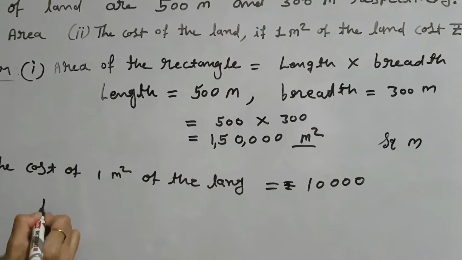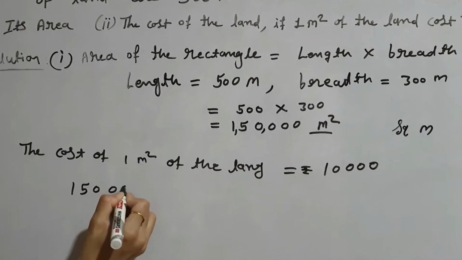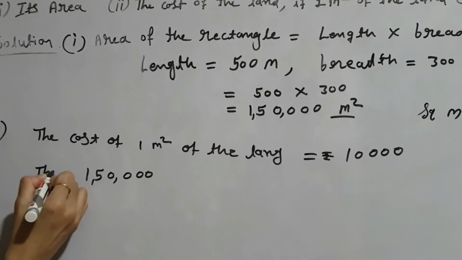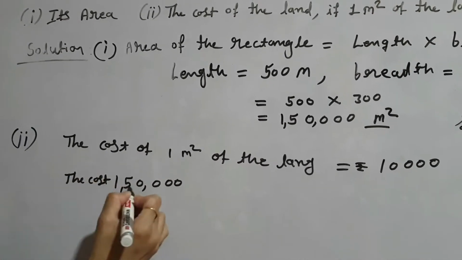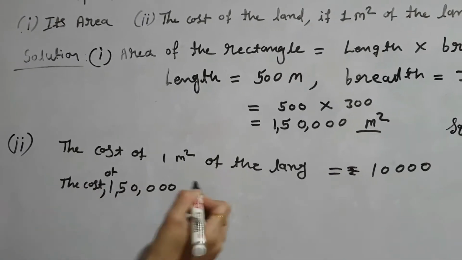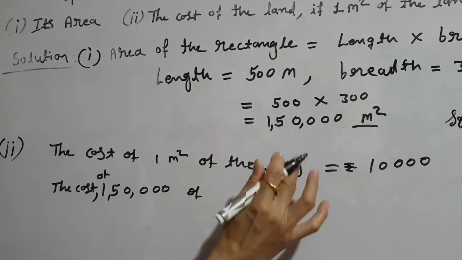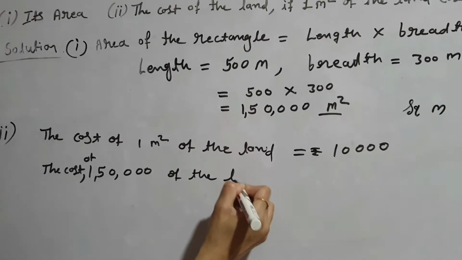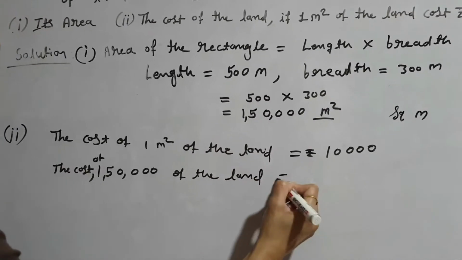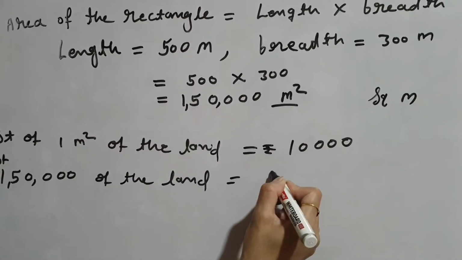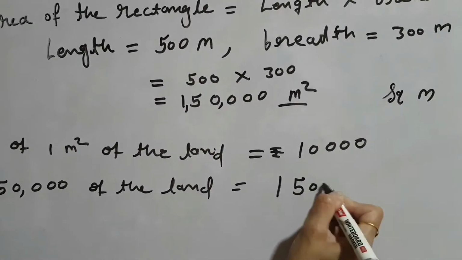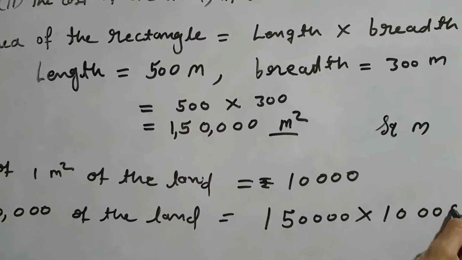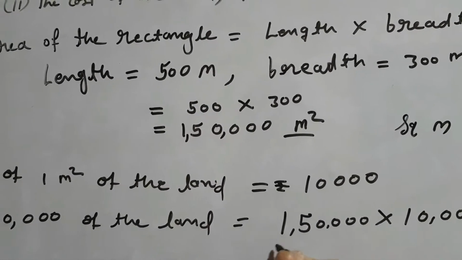So for the 1,50,000 square meters, the cost of the land, we multiply 1,50,000 multiplied by 10,000. So we will multiply this.